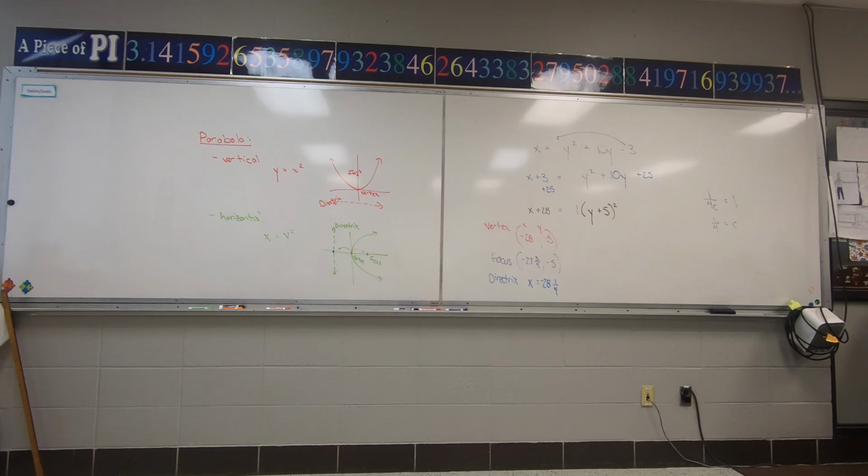X equals y squared plus 10y minus 3. Zoom out here. And x equals negative 28 and 1/4. And what is that other coordinate? Negative 27 and 3/4, comma, negative 5.